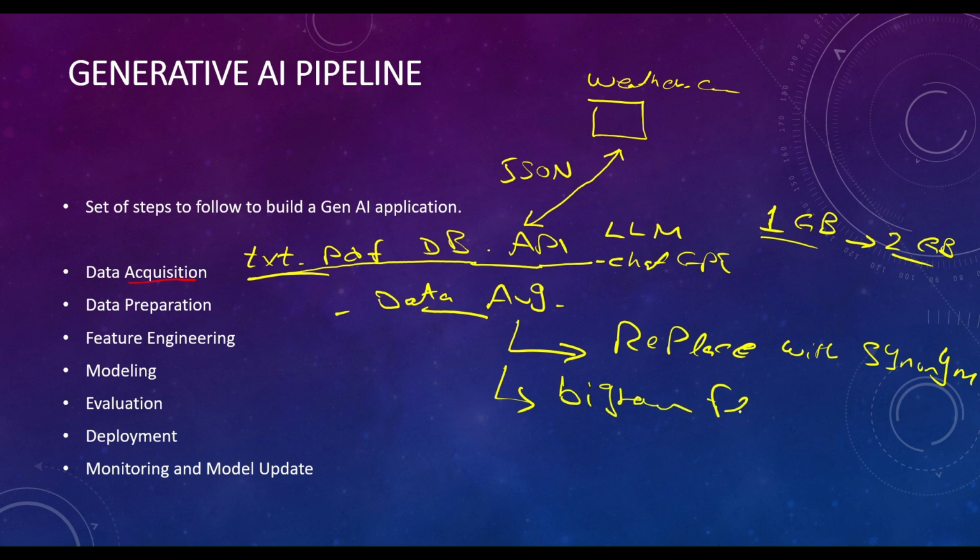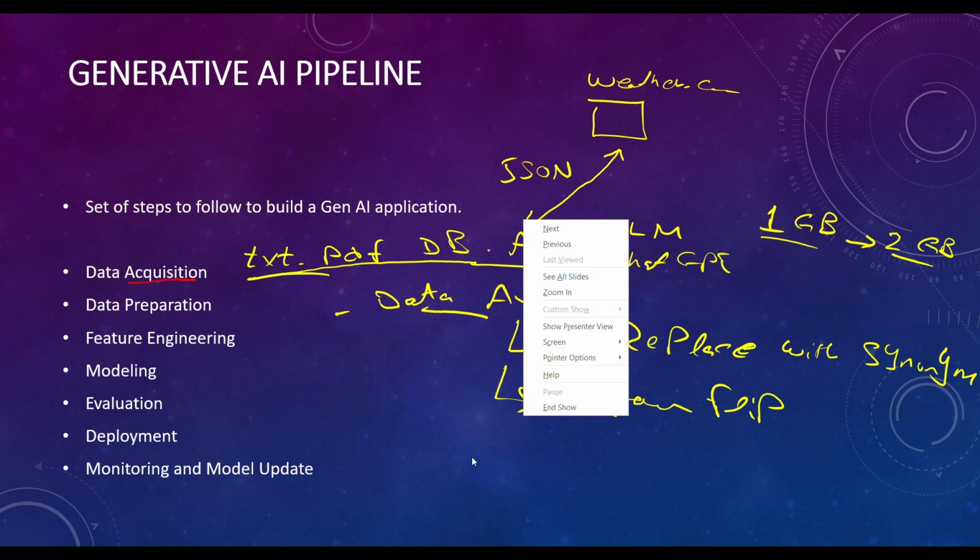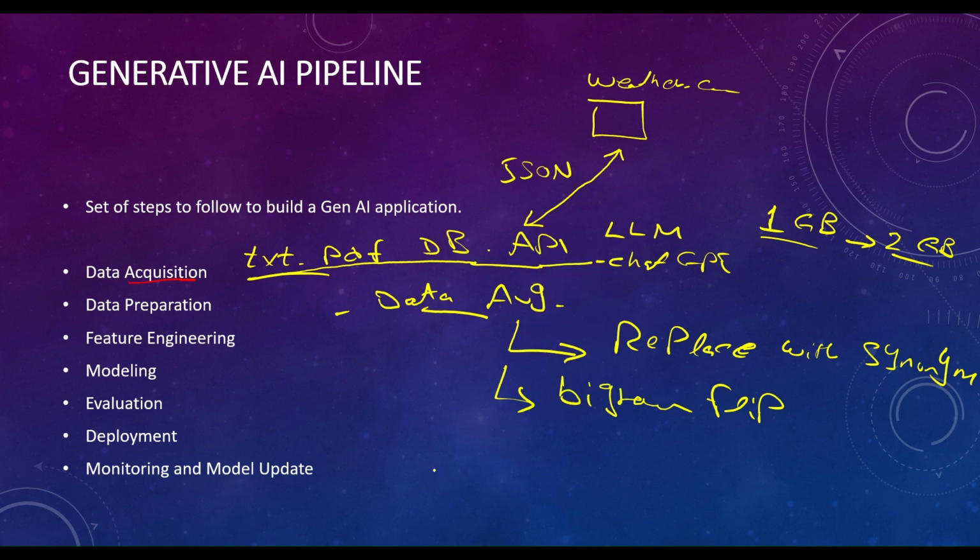Bigram flip basically means that if you have a sentence, for example, "My name is Amir Khan," you can create another version of that using the bigram flip: "Amir Khan is my name."